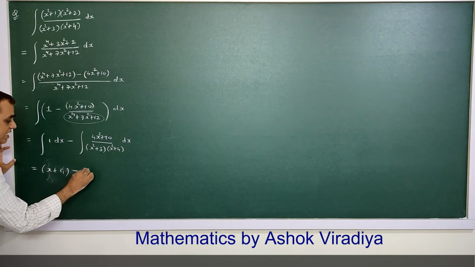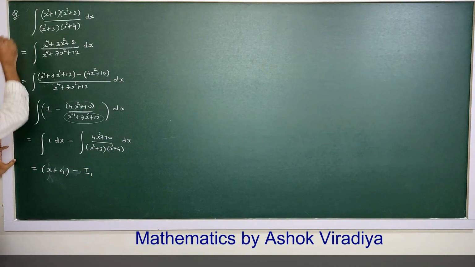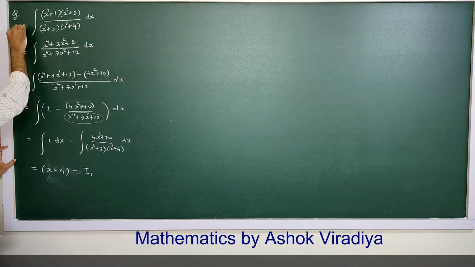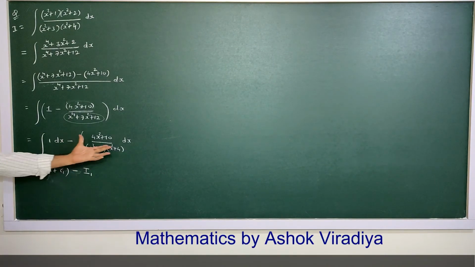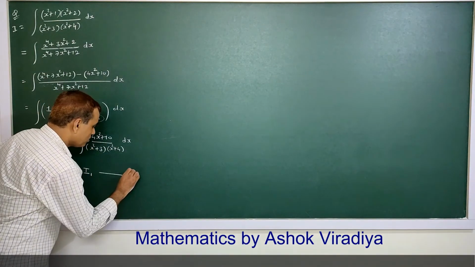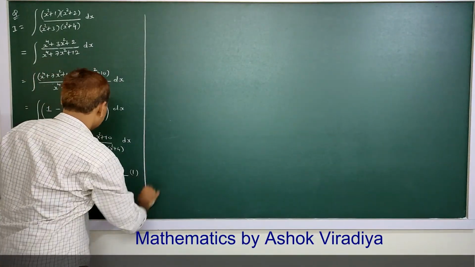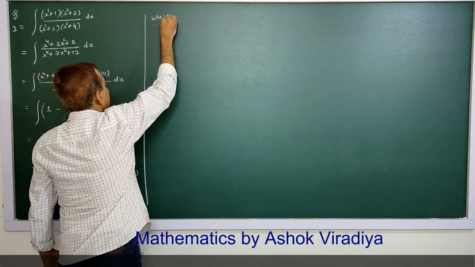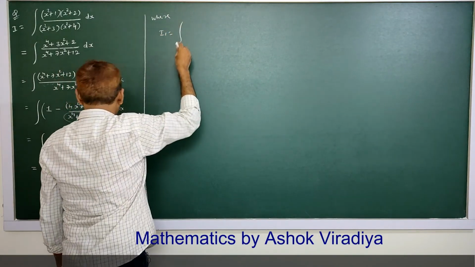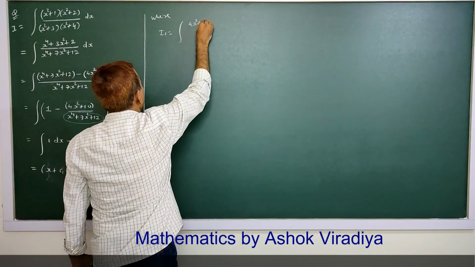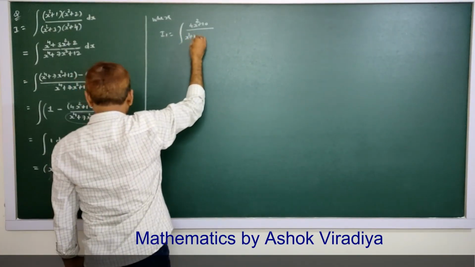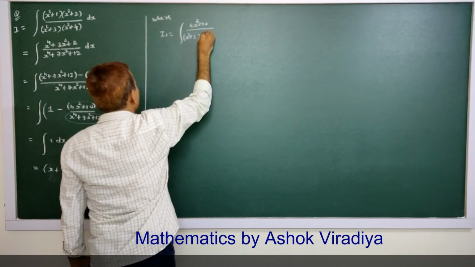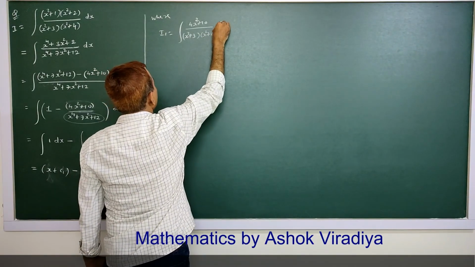We are saying this is I1, this is I. Its integral is x + c1. Suppose this is I1. Now I1 is (4x^2 + 10) upon (x^2 + 3)(x^2 + 4) dx.